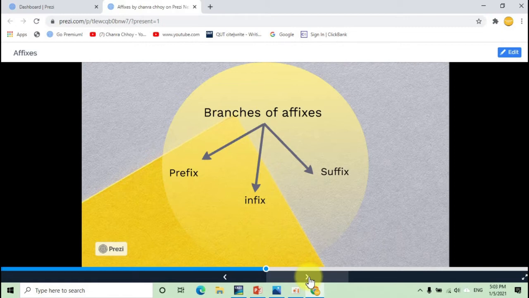We have only three. Number one is prefix, number two is infix, and number three is suffix. So what is a suffix, what is a prefix, and what is an infix? We go to the next slide. You will understand the definitions and examples for understanding the branches of affixes: prefix, infix, and suffix. Okay, here we go. Next more, right?